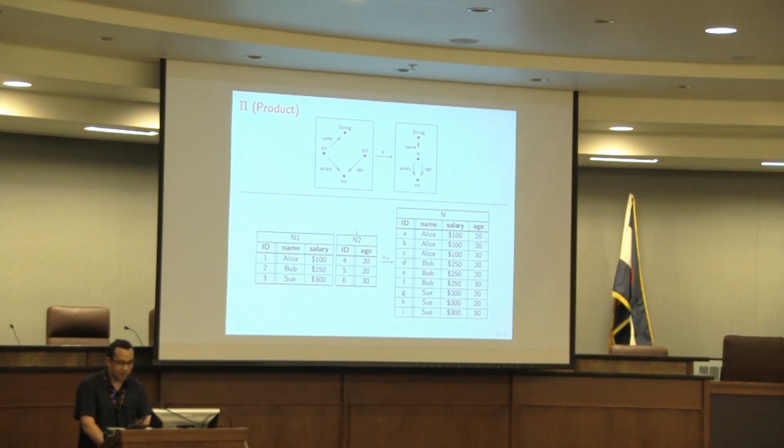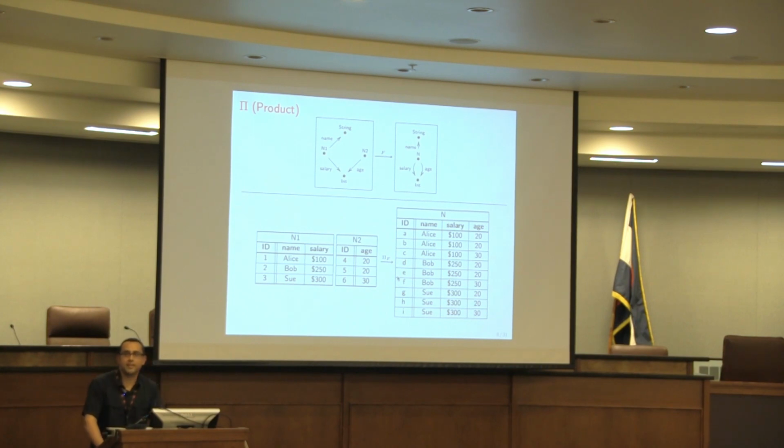Here's an example where the two tables each have 3 rows. It's still Alice, Bob, and Sue. This is the same example instance as before. And with the pi f operation, what you get over here on the right is the Cartesian product. So 3 rows times 3 rows equals 9 rows, and you have all the possible combinations of the rows.